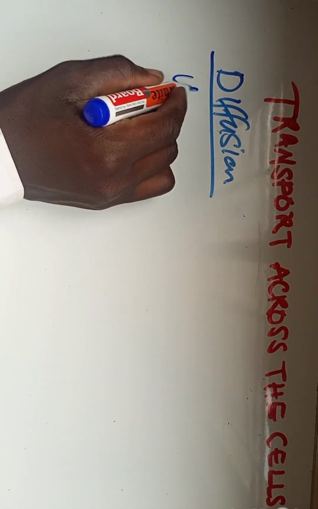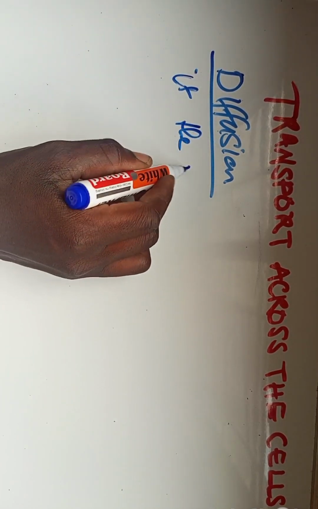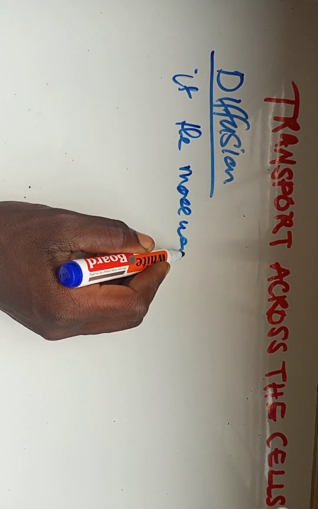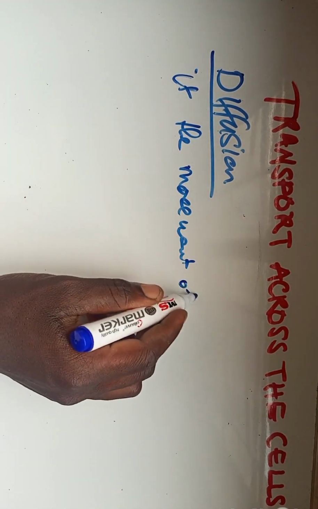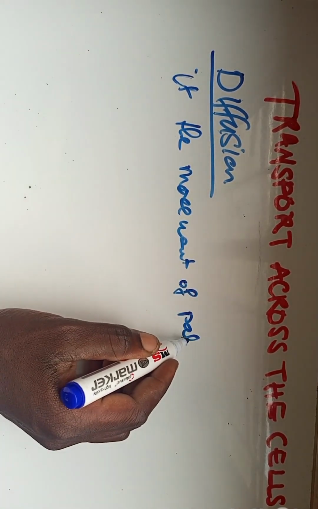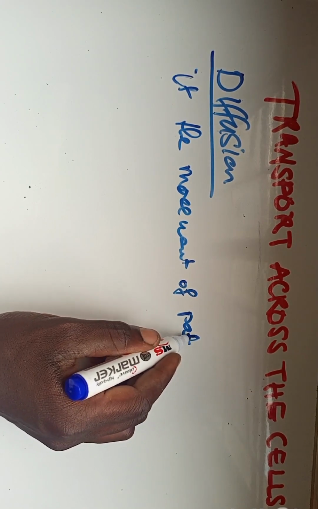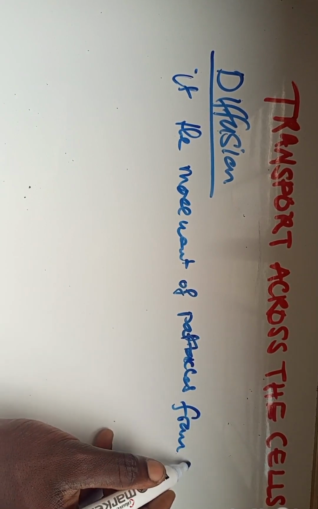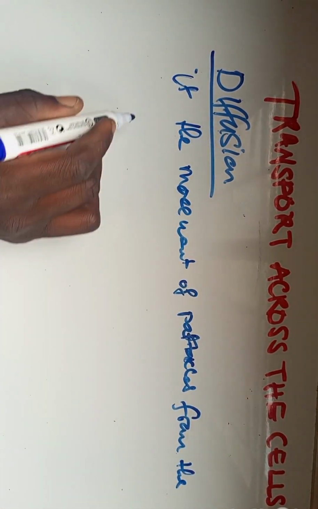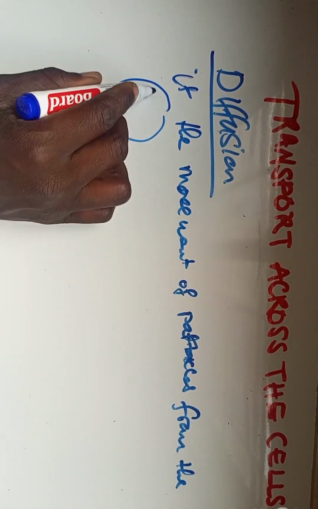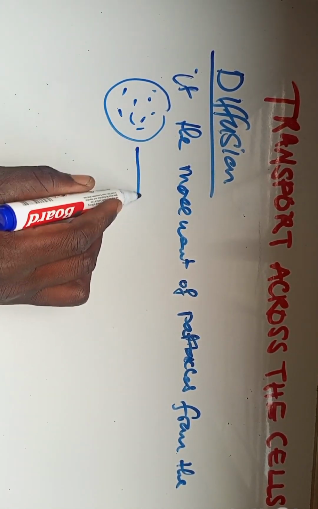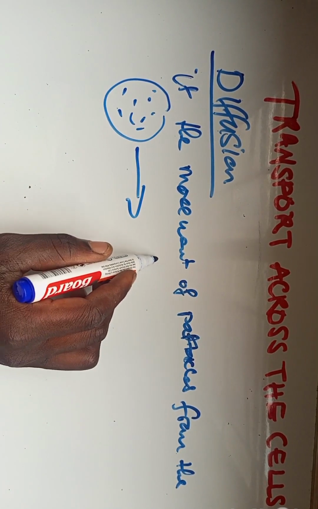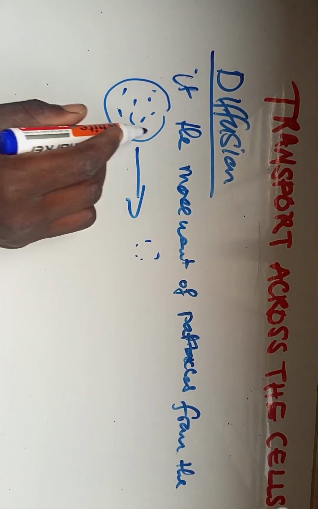So what is diffusion? Diffusion is the movement of particles from the region of higher concentration to the region of lower concentration.